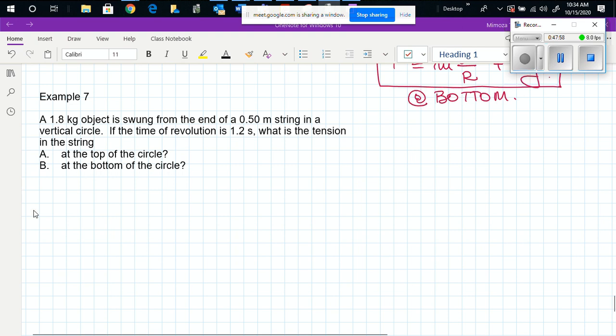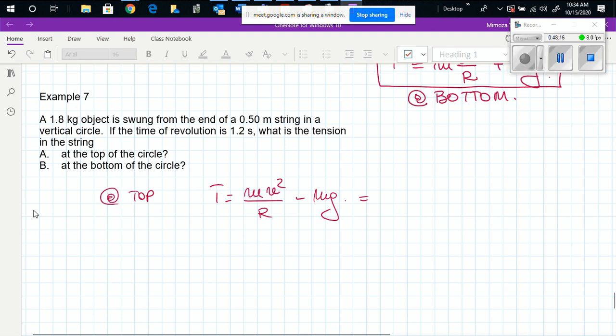Okay, so as I said, you can take those two formulas. At the top, tension is equal to mv squared over r minus mg, and substitute what is given. Mass is 1.8, and now this is the acceleration.